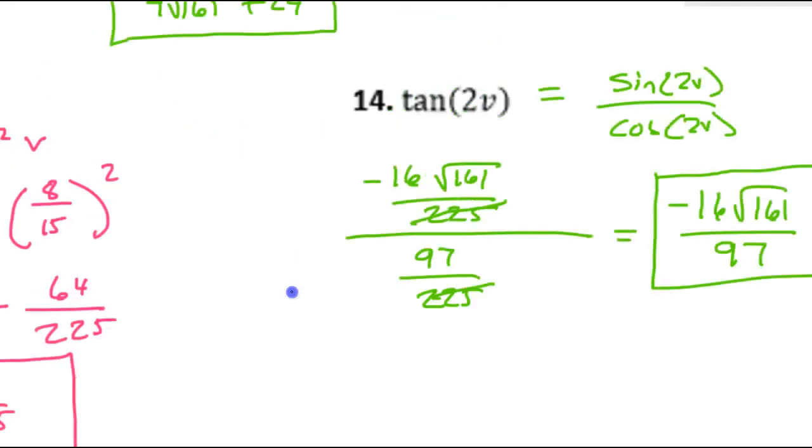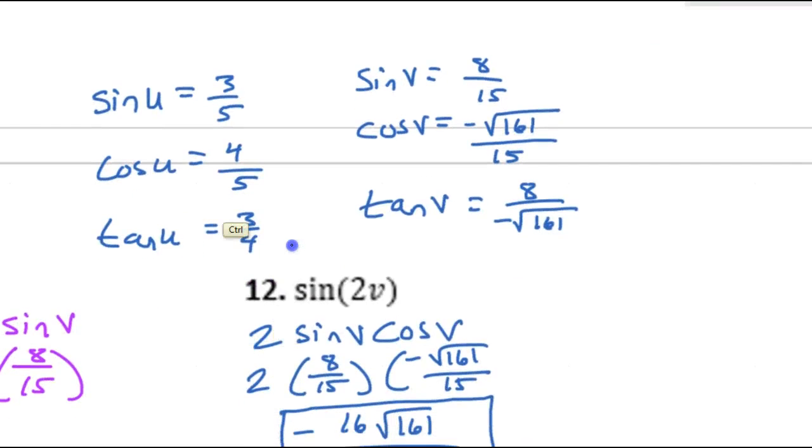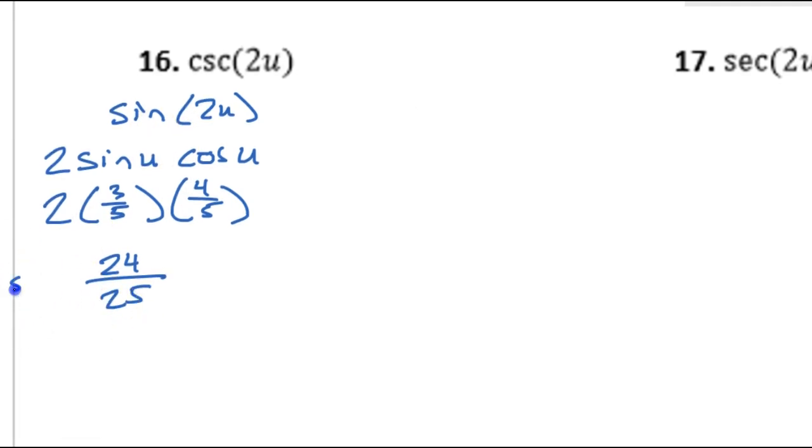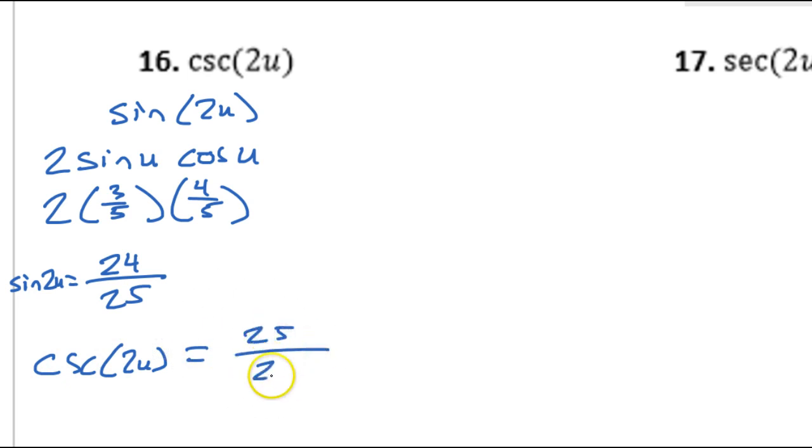So I am just going to be substituting in the values that we found for the sine and cosine of u. Okay, so that is going to give me, let's see, 3 times 4 is 12. 2 times 12 is 24, so that's going to be 24 over 25. Okay, so that is the sine of 2u. So that means the cosecant of 2u should be 25 over 24. Kabam.